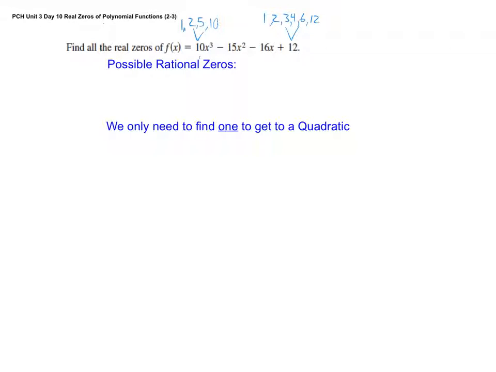So our possible zeros are x equals plus or minus 1, plus or minus 2, plus or minus 3, plus or minus 4, plus or minus 6, plus or minus 12, all over 1, 2, 5, and 10.